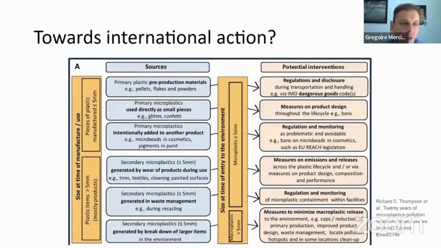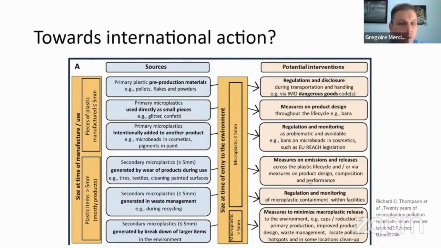The most important part of this science review, which was released again yesterday, so I was very lucky to have it, is that they also review the potential interventions to reduce the amount of microplastic in our environment, because if you put it simply, they are everywhere, and they are almost impossible to avoid. So the best way, and probably the only way, to reduce their impact is just to reduce the volume of microplastic which is generated by human activity.